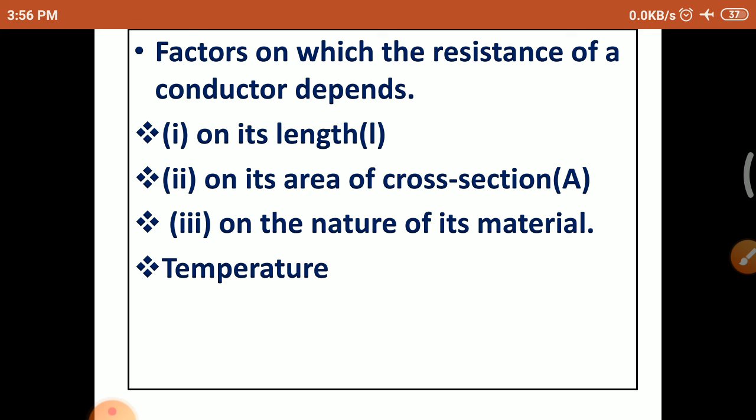And for length, it is directly proportional. For the nature of the material, take nichrome wire and copper wire. When I took nichrome wire, I got the I value as 4, but when I changed the material to copper, the I value increased. So depending upon the nature of the material also, the resistance of the conductor depends.